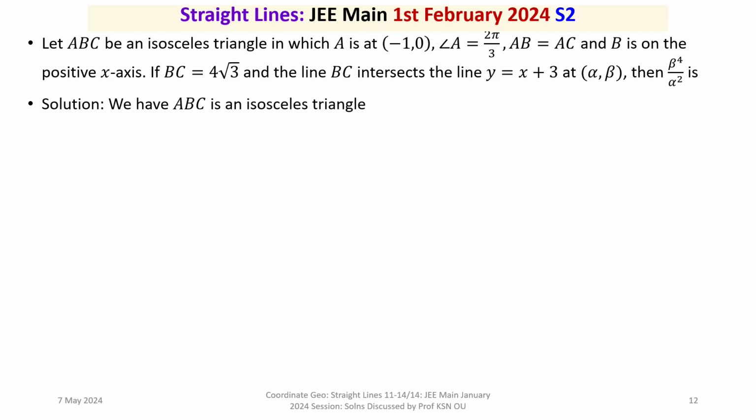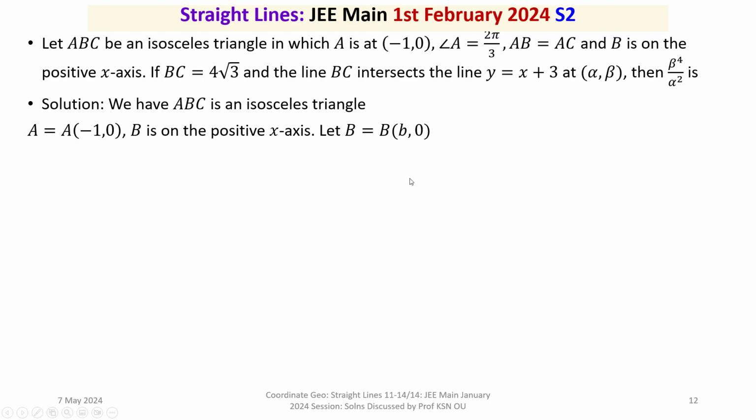We have ABC is an isosceles triangle and we are given A with coordinates minus 1 comma 0. It's on the x-axis. You are given B is on the positive axis. Because B is on the positive axis, let us say the coordinates of B as small b comma 0.